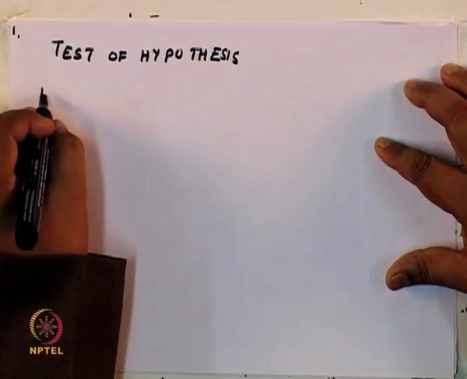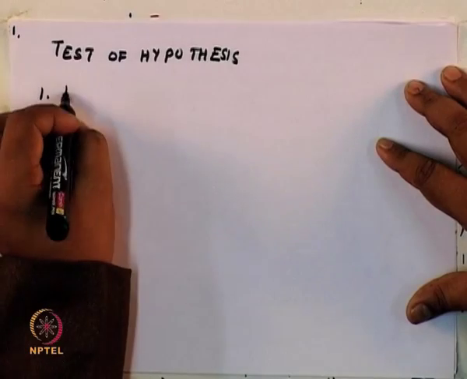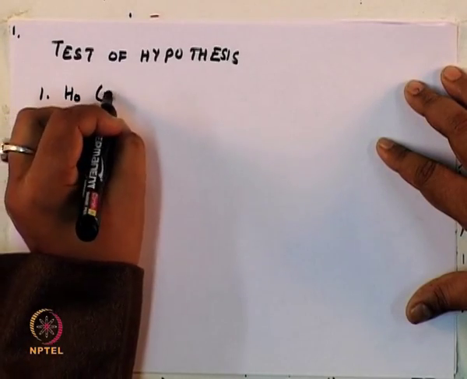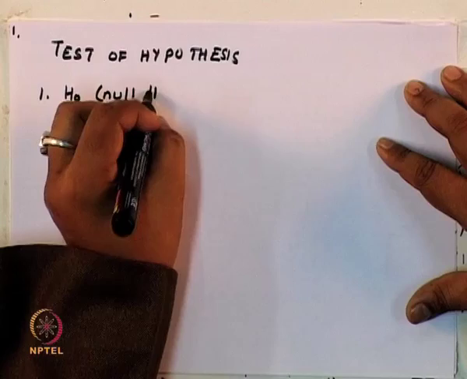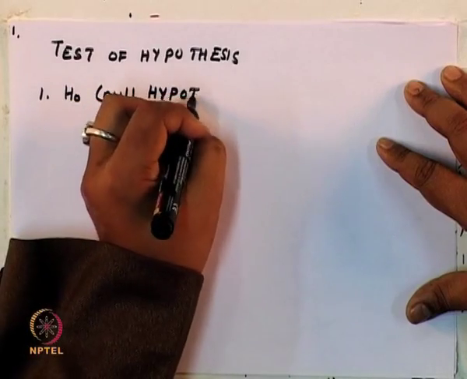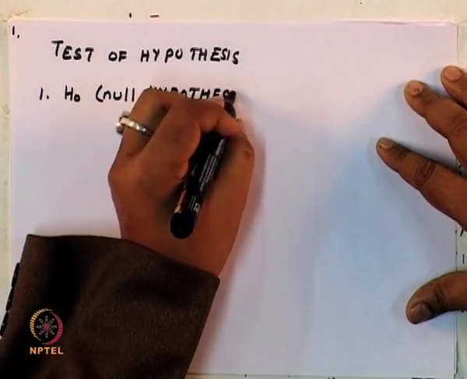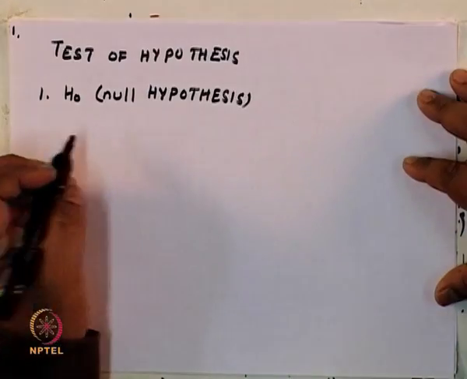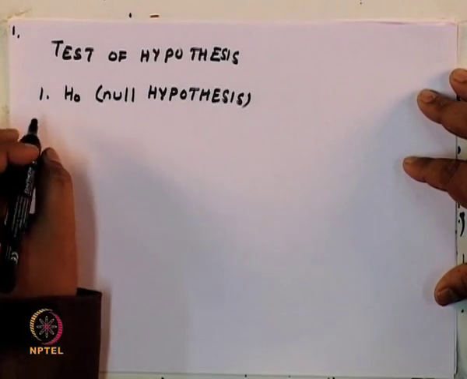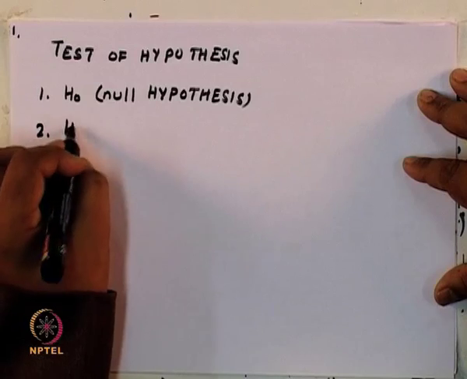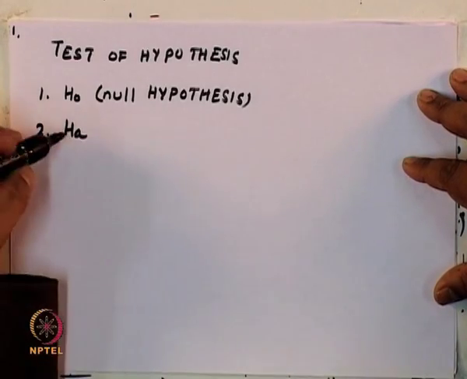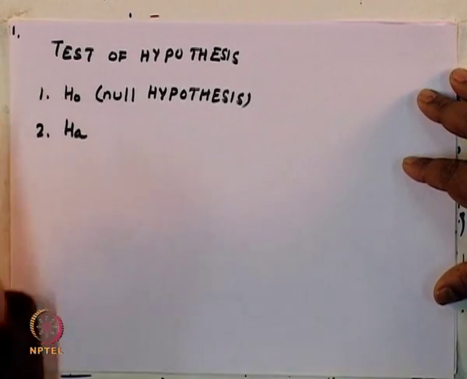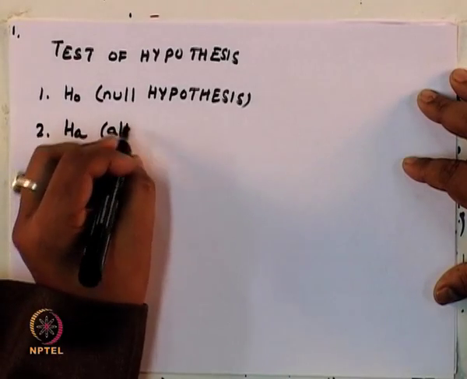One is your H naught, or null hypothesis, which says the null hypothesis is true. Then you have the alternate hypothesis, which contradicts H naught. This is called the alternate hypothesis.